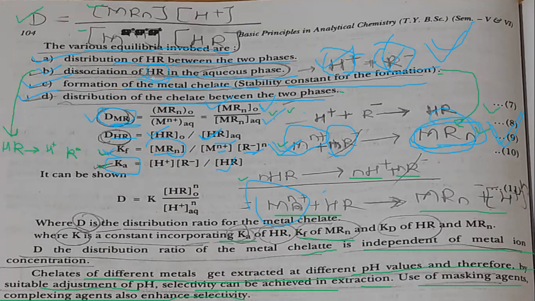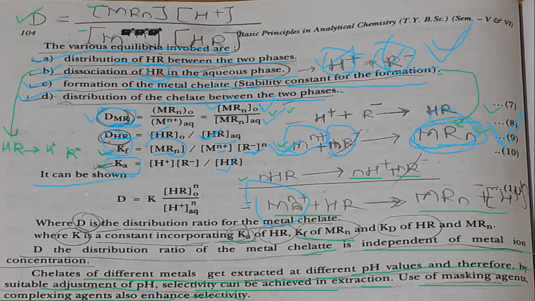Sorry, product of concentration of products upon product of concentration of reactants. You know the law of mass action. So this is what we are applying to the two cases now, KF and Ka.